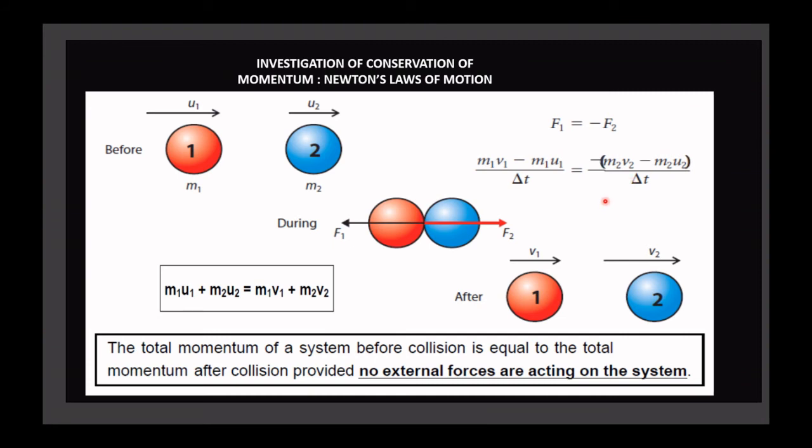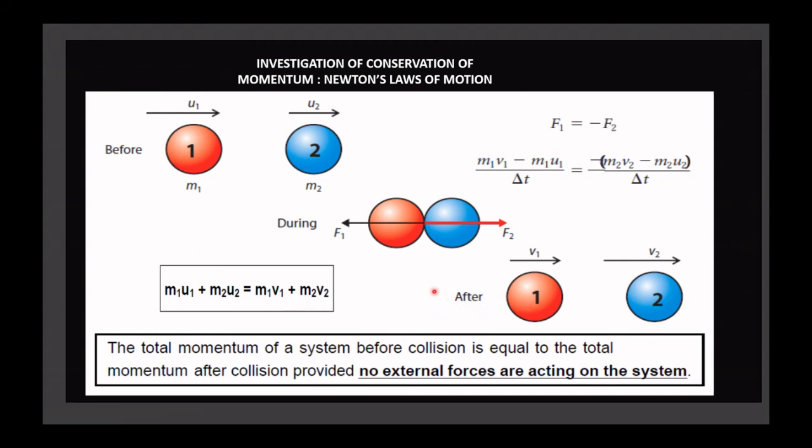And rearranging these terms, you will end up with the equation m1u1 plus m2u2 is equal to m1v1 plus m2v2. So what does the left-hand side indicate here? m1u1 plus m2u2 is the total momentum before collision. What about m1v1 plus m2v2? It is the total momentum after collision.